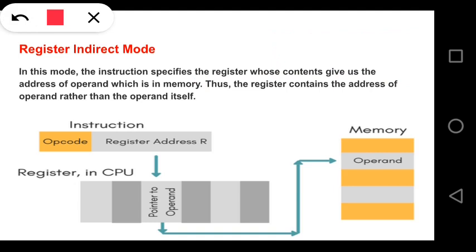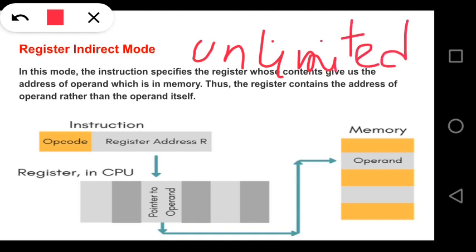Now we see the advantage. We try to guess the advantage and disadvantage of this register indirect mode. The best advantage is that we have unlimited address space. That is the biggest.